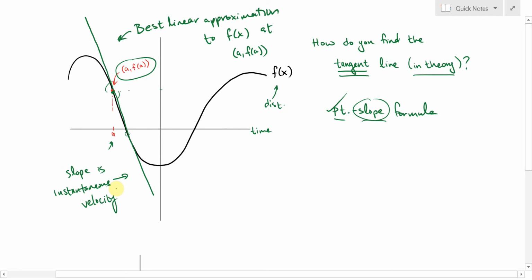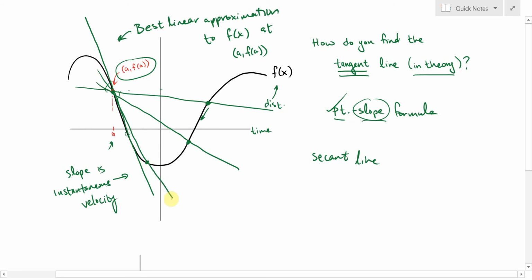Things are a little bit complicated in this context, but the thing you want to consider is a secant line. Secant means that it passes through two points on the graph. So you would pick some other point on the graph and draw the line that connects those two. And then you would move that point along the graph closer and closer to the point that you're interested in. As you can tell, the closer you move it, the more these secant lines approximate our tangent line.